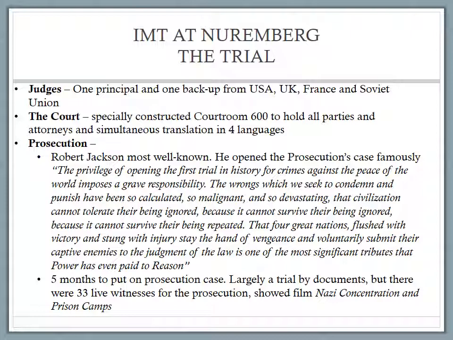So first, as we previously discussed, the judges at the trial: there were 4 main judges, 4 backup judges, one each from the US, the UK, France, and the Soviet Union. The court was a specially constructed courtroom at the Palace of Justice. Courtroom 600 was particularly reconfigured to be able to hold all of the defendants, all of their attorneys, and provide for simultaneous translation of the proceedings into 4 languages.